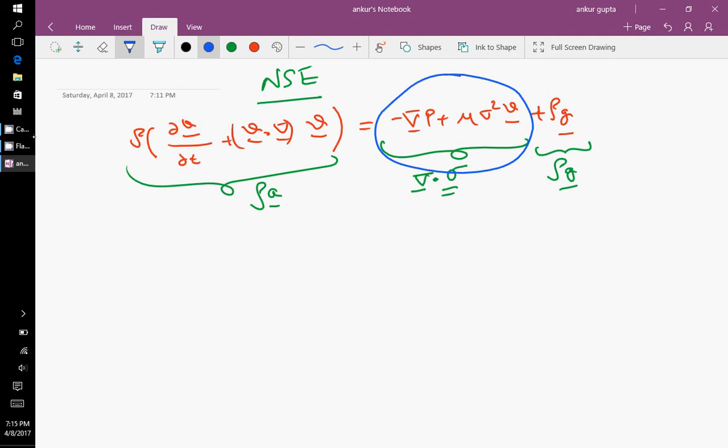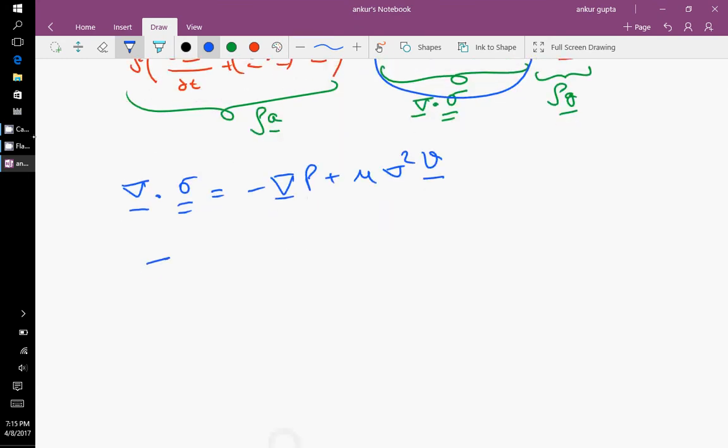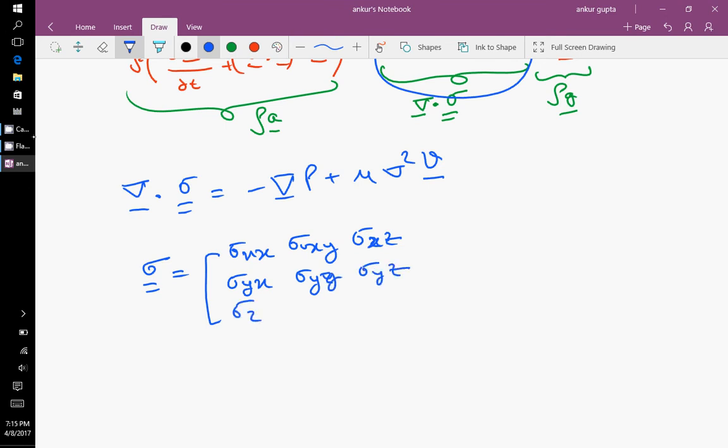Like I said, del dot sigma is actually equal to minus grad p plus mu del square v vector, and the sigma tensor in itself has 9 components: sigma xx, sigma xy, sigma xz, sigma yx, sigma yy, sigma yz, sigma zx, sigma zy, sigma zz.